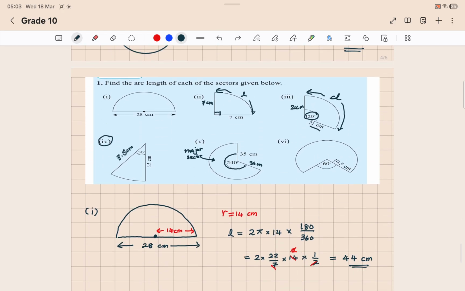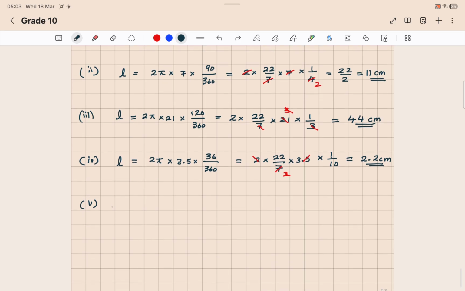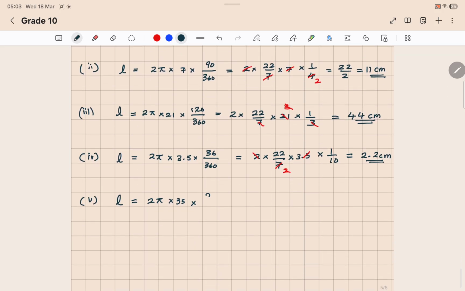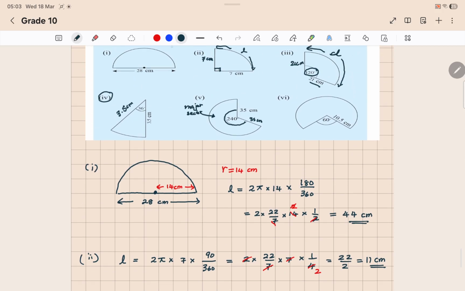Right, so L is 2 pi, radius 35, angle is 240 over 360. We are looking for this length, the arc length, this big section.